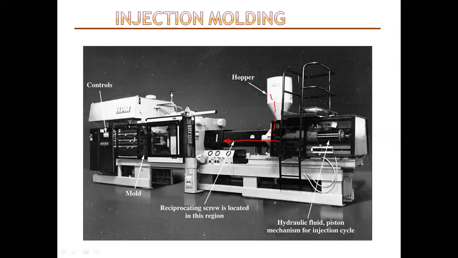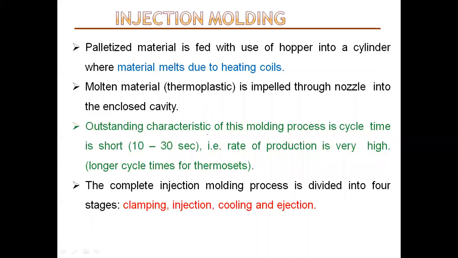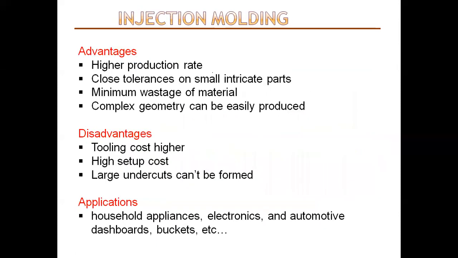The barrel or cylinder is surrounded by the heater, and again the material is fed into the mold, so that you will get the required plastic part. Okay, here again the process is given.